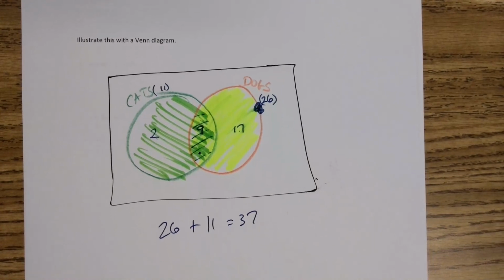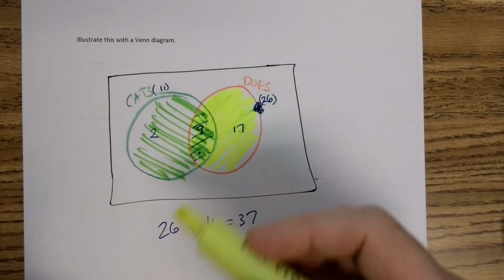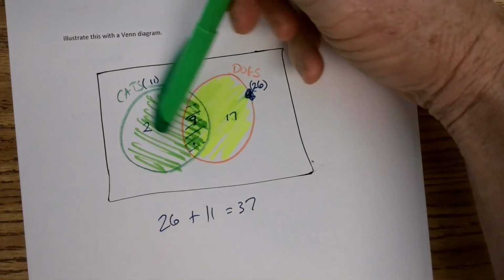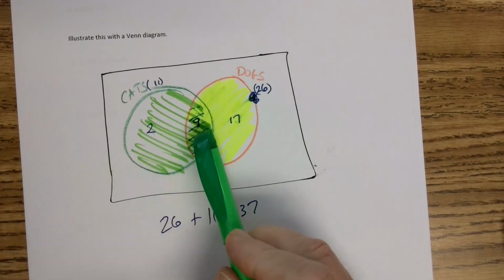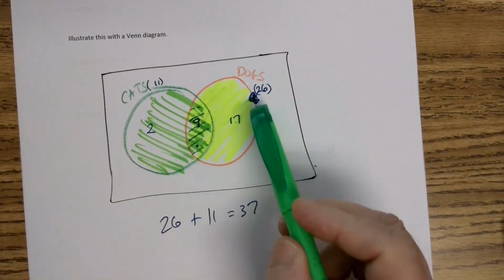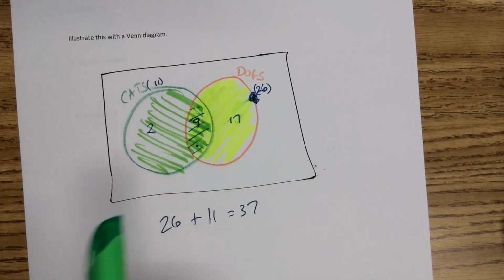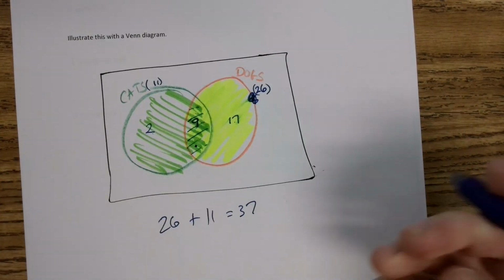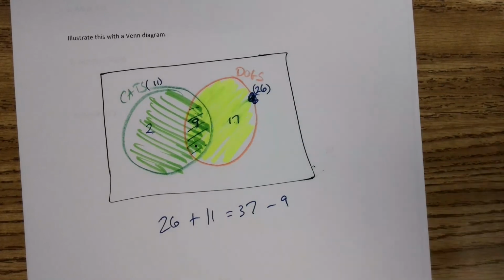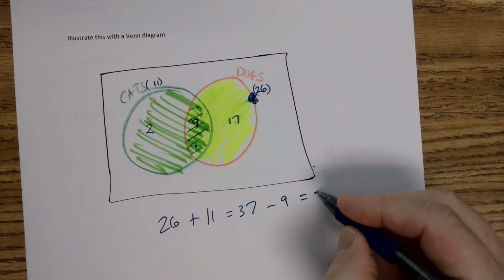But think what I did. I colored all this yellow. I colored all this green. But I counted those 9 twice, didn't I? I counted them with the yellow and I counted them with the green. So then I had to subtract out the 9 because I counted it twice. You don't get counted twice. So they cancel out. So it's 28.